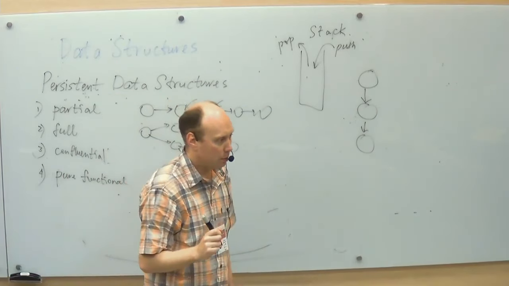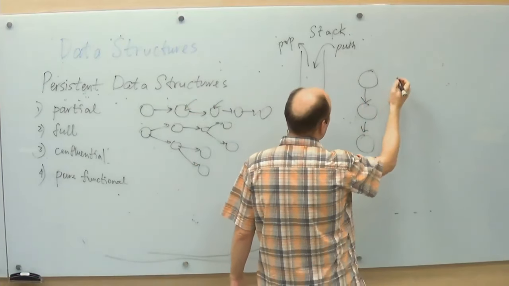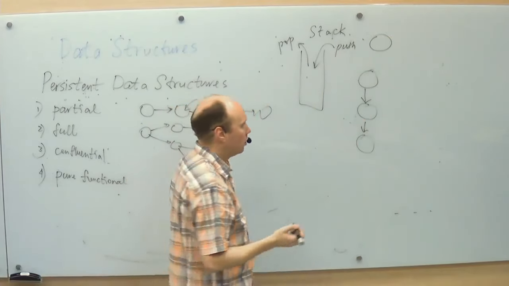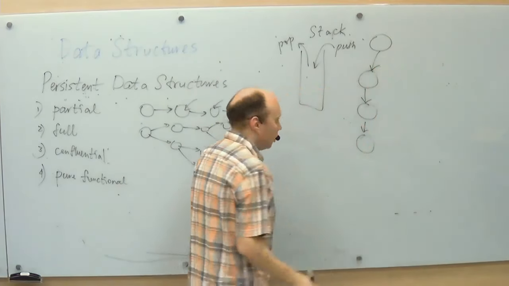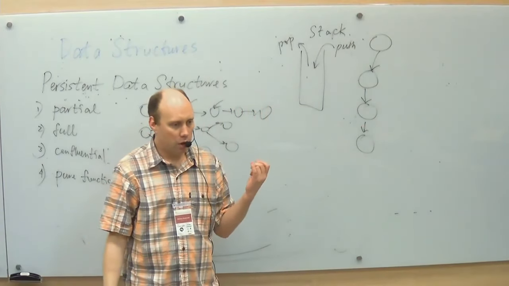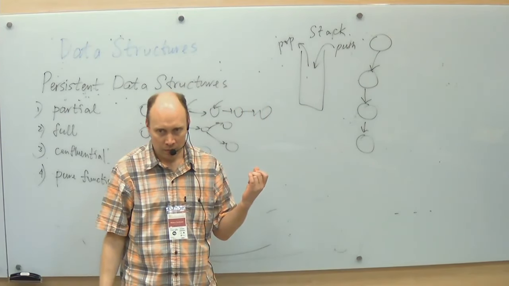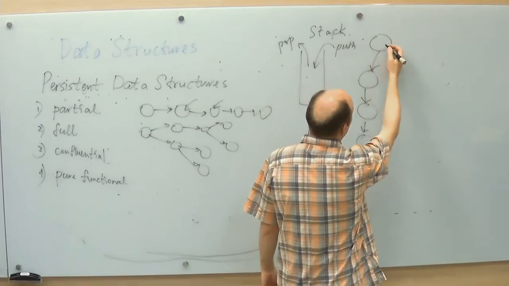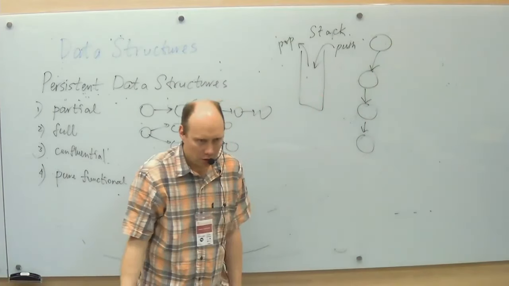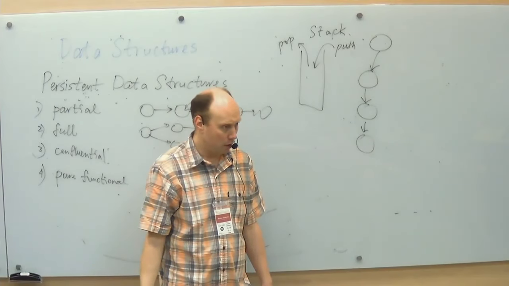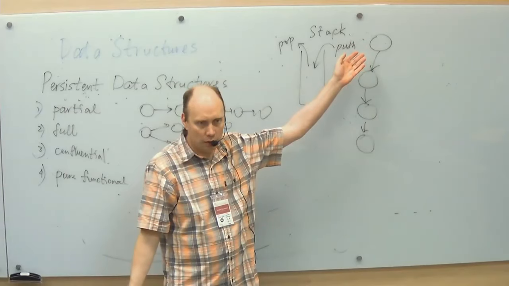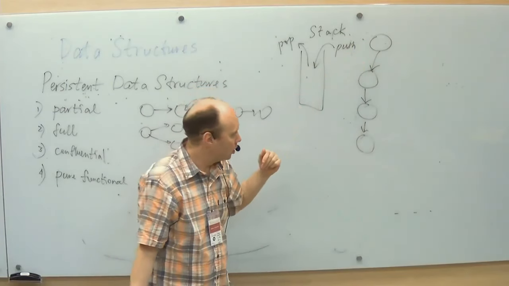So when you push something onto a stack, you create a new vertex and say that its next vertex is the top of the stack before this push. And when you pop something from the stack, you just move along this next pointer to get the new top value. You just don't free your memory, so you still have access to all the previous revisions.